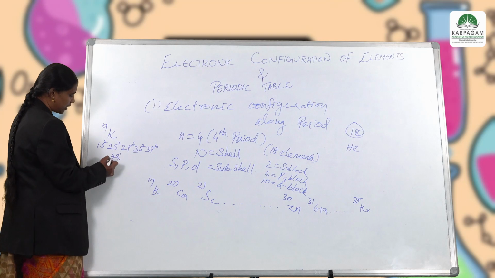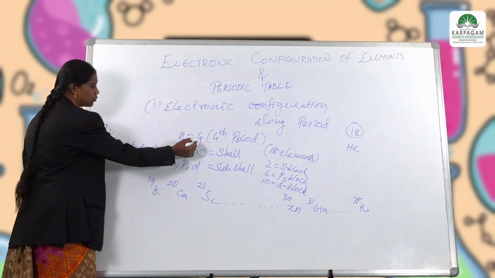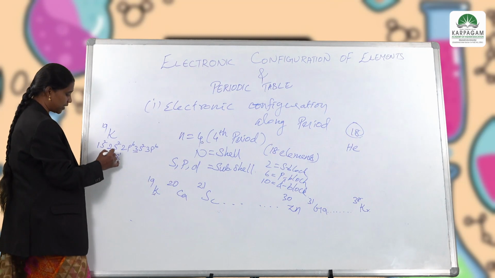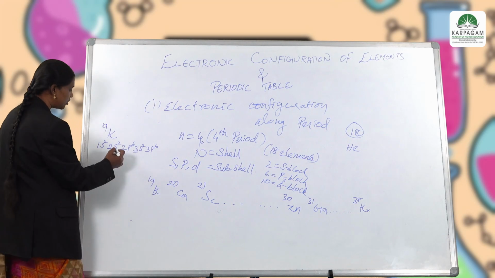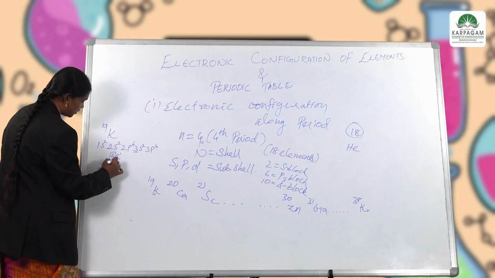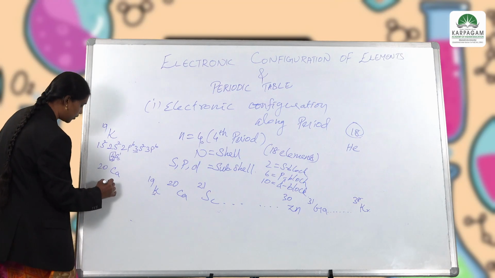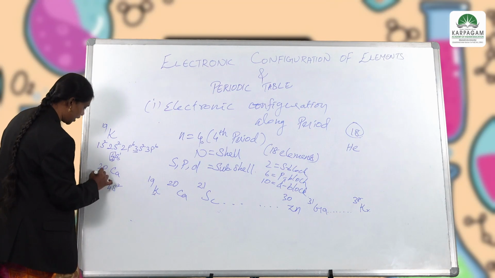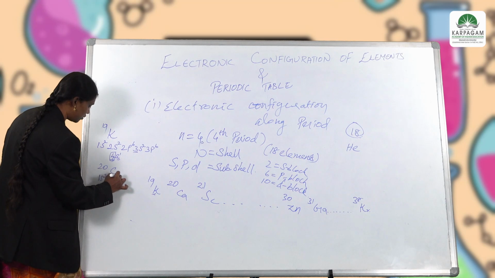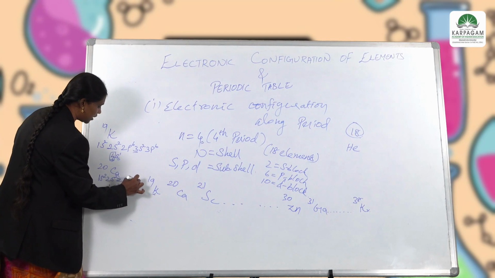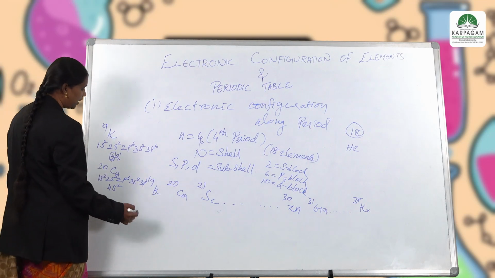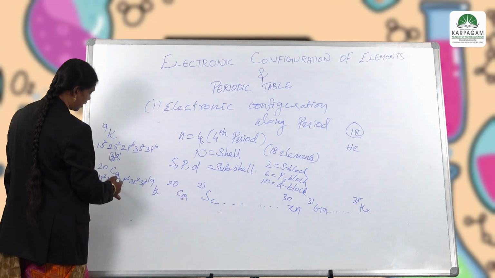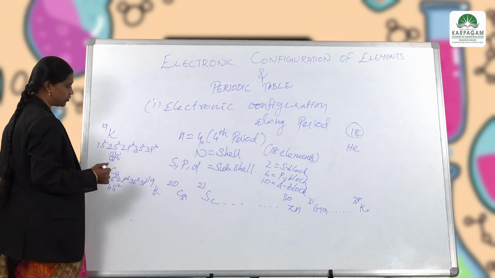Here the energy level increases, so the period is 4 and the energy level is also 4. For calcium it is the same, and 4s2 is the ending: 1s2, 2s2, 2p6, 3s2, 3p6 and 4s2. So this is the electronic configuration of calcium.